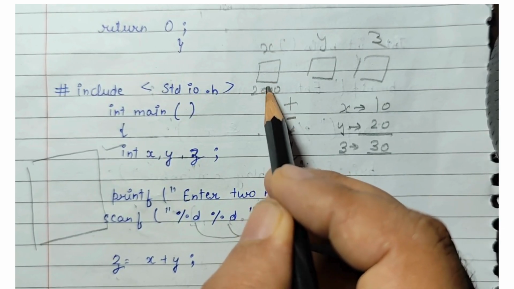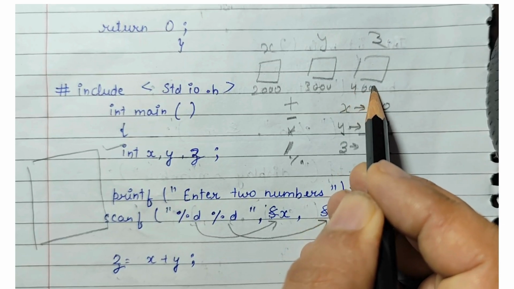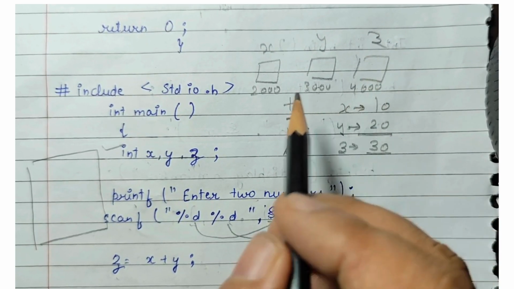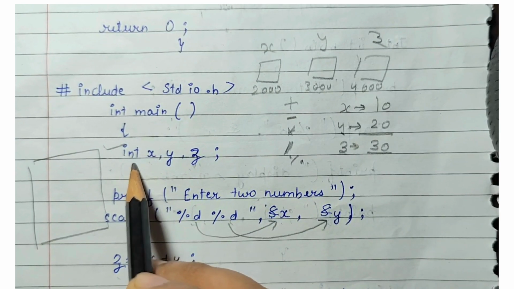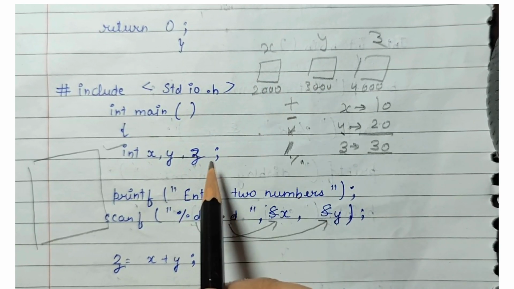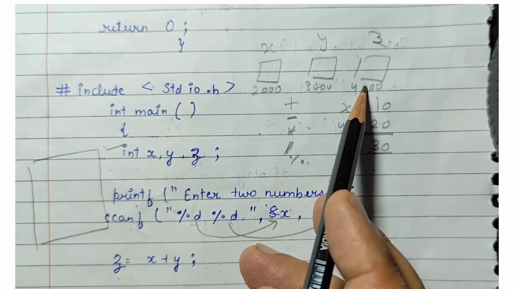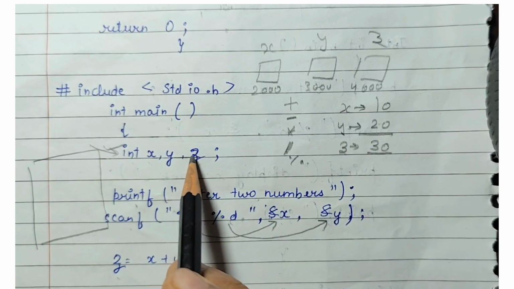Suppose address 2000 is assigned to x, address 3000 is assigned to the y variable, and address 4000 is assigned to the z variable. Now because the size of int here is 2 bytes, it means 2 bytes of memory are allocated to the x variable, 2 bytes to the y variable, and 2 bytes to the z variable. And right now, in the very first statement, all three variables are empty.